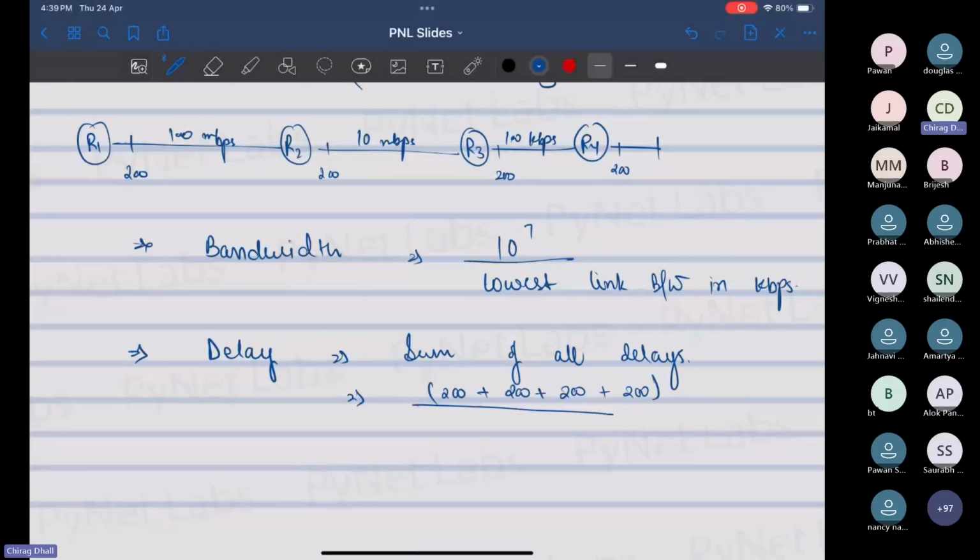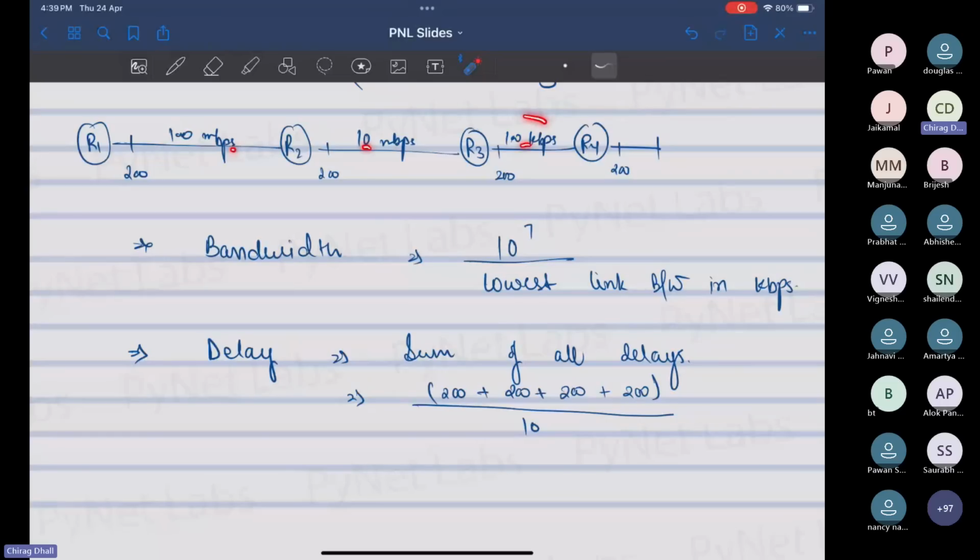And I will also divide it by 10 as the delays are configured in tens of microseconds. So to convert it into appropriate terms, we need to divide it by 10. So when we talk about bandwidth, we say 10 raised to the power 7 divided by the lowest link bandwidth.